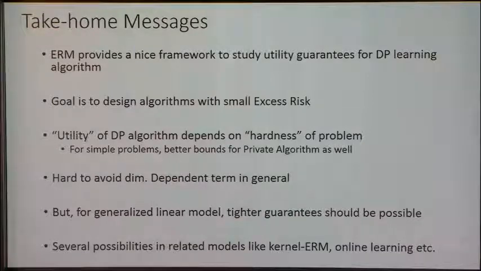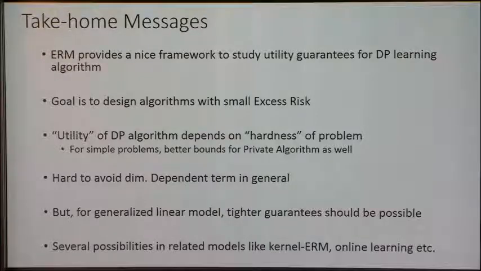The goal of these differentially private algorithms is to preserve privacy and give small excess risk. For this problem we have seen several algorithms, and the interesting part is that the utility of all these differentially private algorithms depends on the hardness of the problem, which is very critical. If your problem is hard, then certainly differential privacy makes you lose quite a bit. But if your problem is easy, then differential privacy almost comes for free.